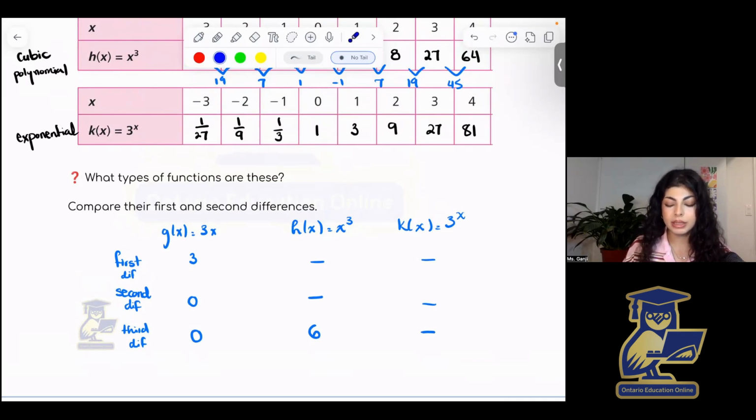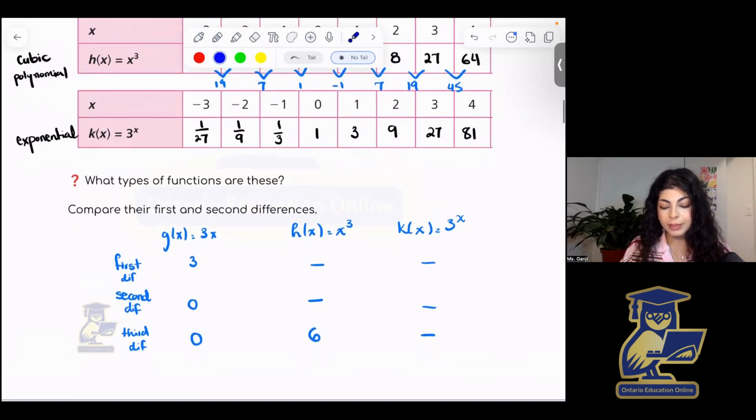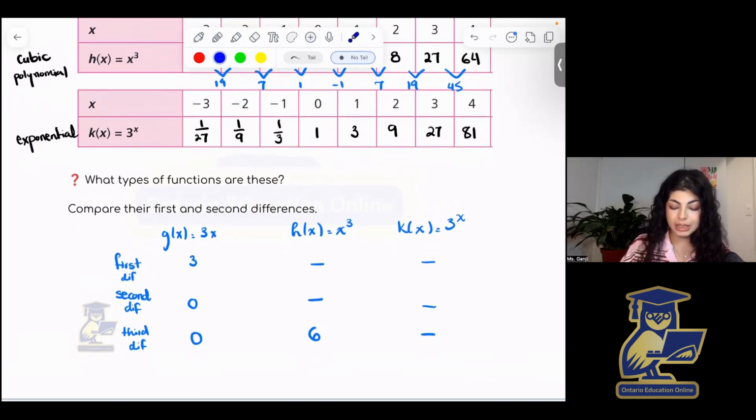But in this case, because it's a power of 3, the cubic or the third differences are the same. However, with exponentials, you will see that neither the first, second, or third differences will be the same, and they don't have a constant difference at any point because they are growing exponentially. So there is a pattern, but it is not one we can find with first and second differences.